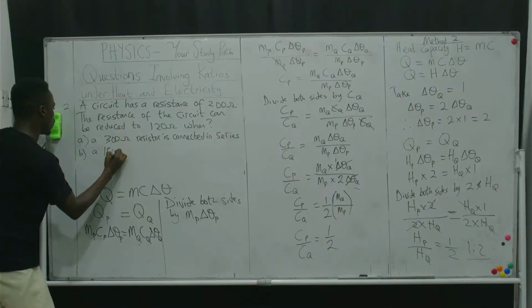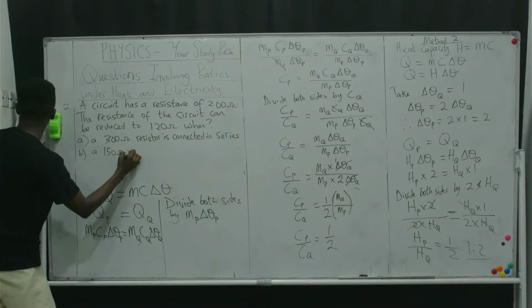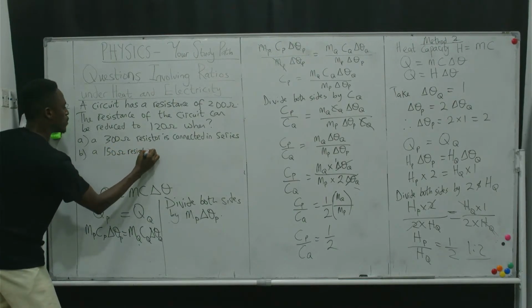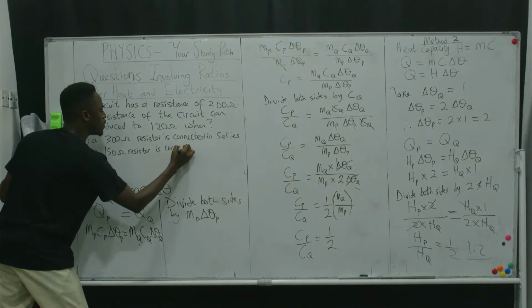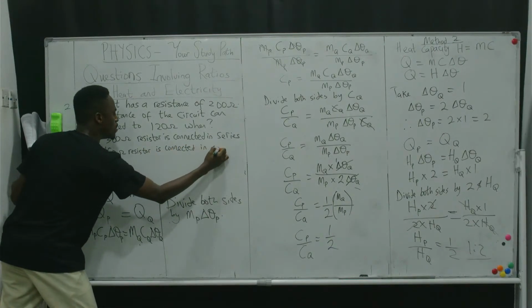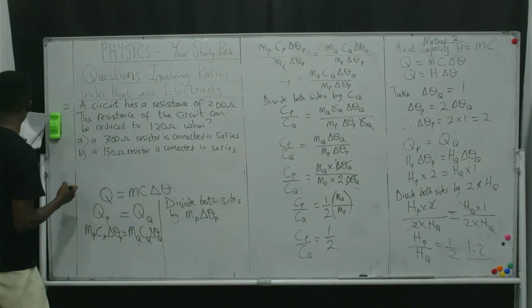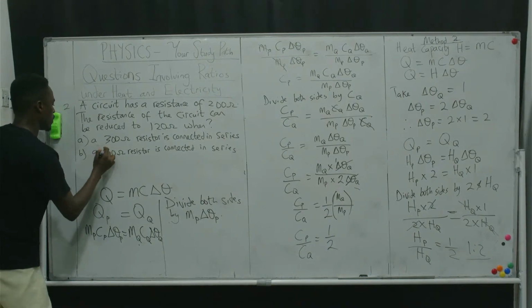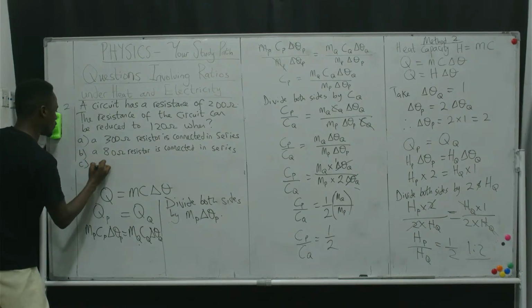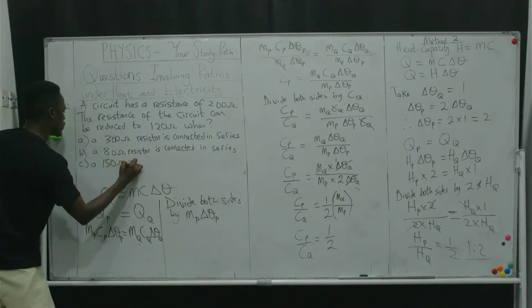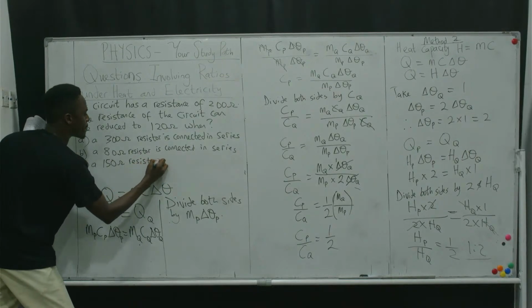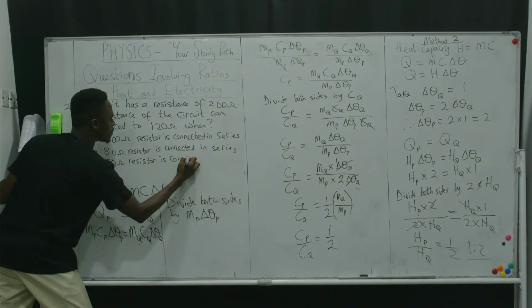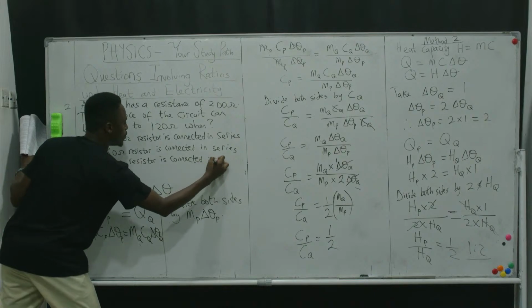B, a 150 ohm resistor is connected in series. The next, okay, this is 80 ohms. 80 ohms here. Then C is 150 ohms resistor is connected in parallel.